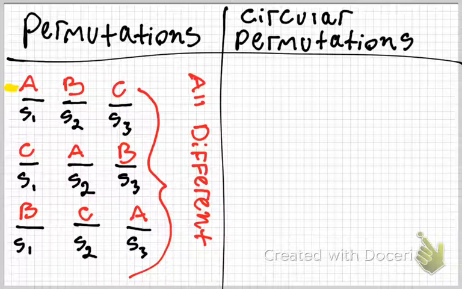Notice how I got from this permutation to this permutation. All I did was shift everything to the right. A was in position 1 up at the top, and now A is in position 2. B was in position 2, and now B is in position 3.